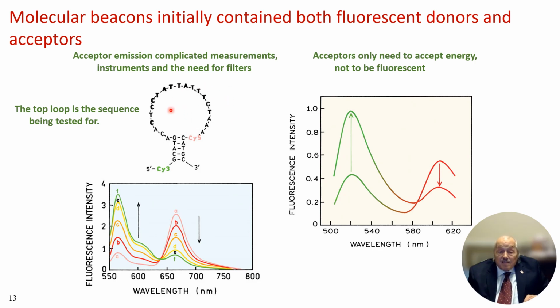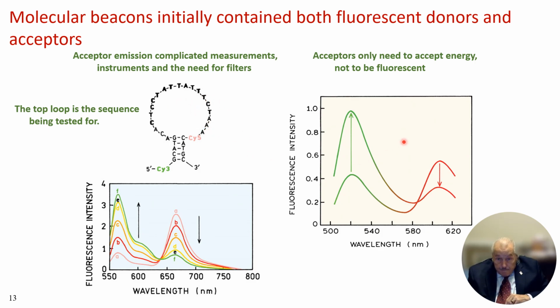This becomes stiff because single-stranded nucleic acids are much more flexible than double-stranded nucleic acid. It breaks this apart, and you see much more of one fluorescence than the other. So one goes up and the other goes down, and you can tell that you have identified the sequence that you're looking for.